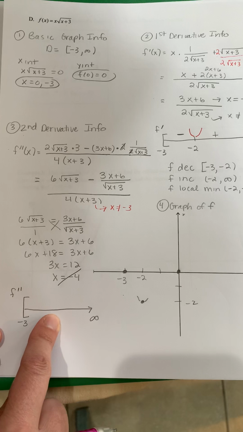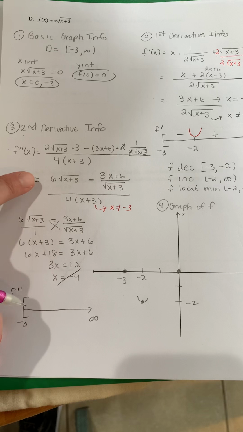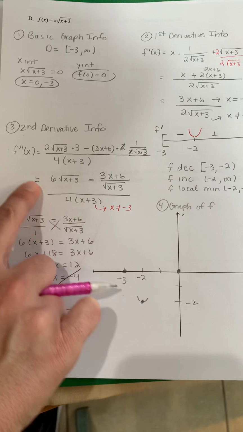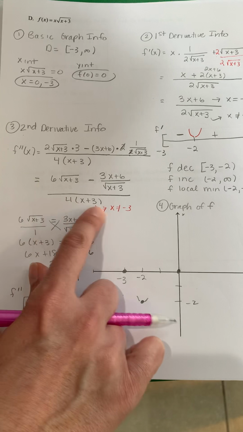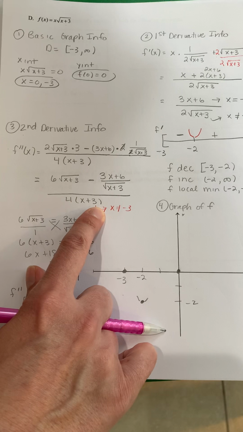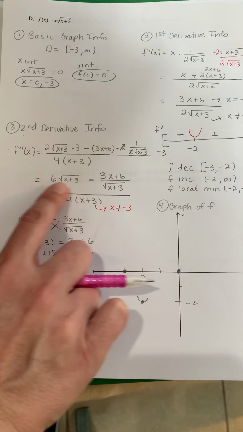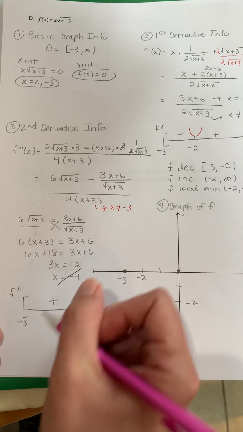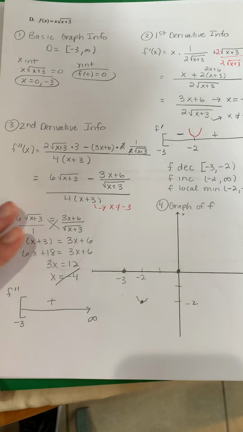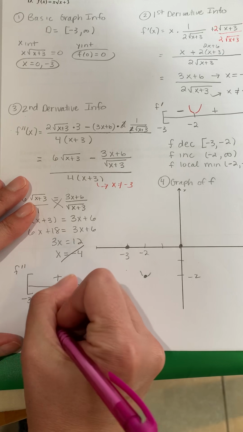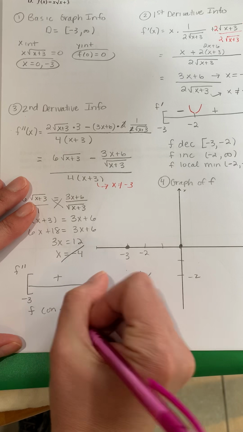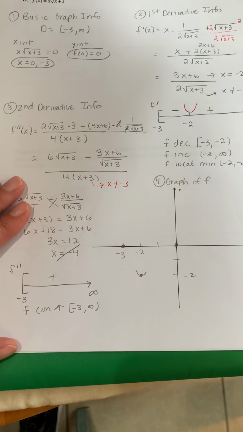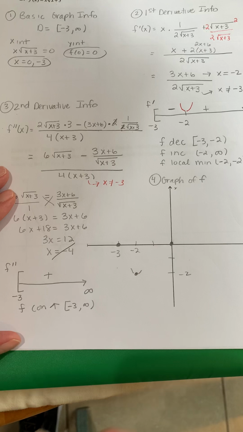So if we plug in a number like 0, and go back here and test it, not so bad plugging in 0, even though this is a mess. The denominator is positive, and we plug in 0 here, we're going to end up getting a positive number. Okay, so that tells us that our function is concave up for the entire domain from -3 on out to infinity.